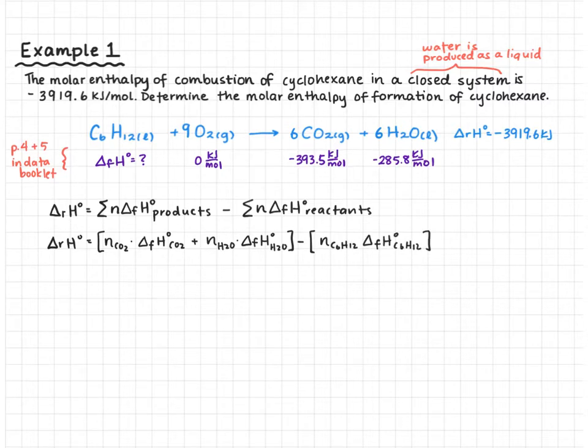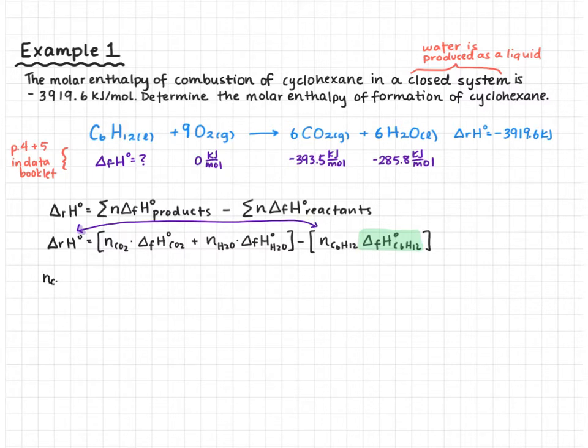So we are going to be solving for this variable in our equation, the molar enthalpy of formation of cyclohexane. So we're going to rearrange this equation by basically swapping the locations of our reaction enthalpy and our reactant term.